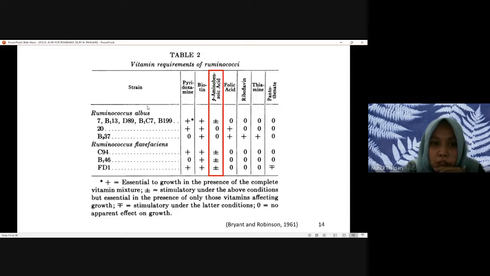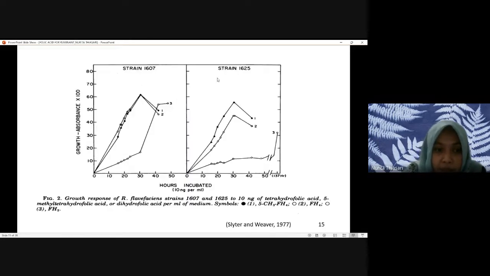both of these microorganisms require the PABA, or P-aminobenzoic acid. And this figure is about the growth response of the Ruminococcus flavifaciens with different forms of folic acid.